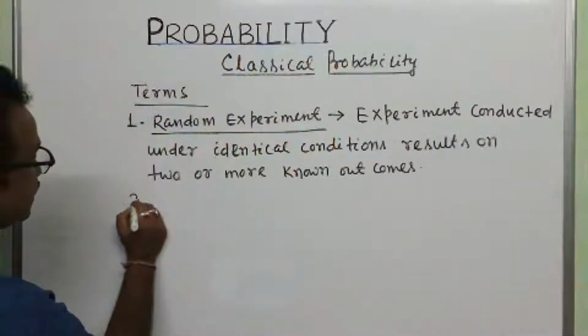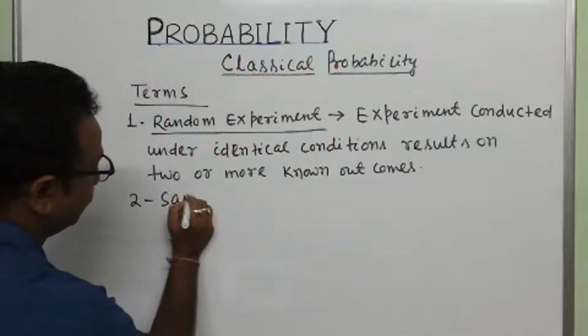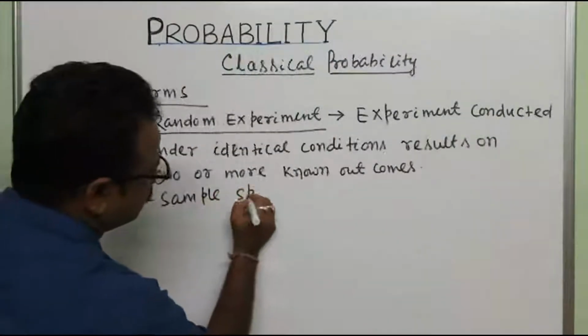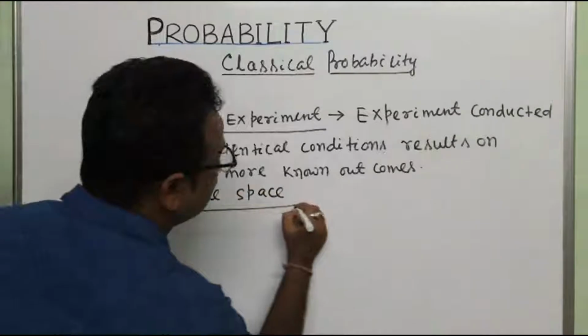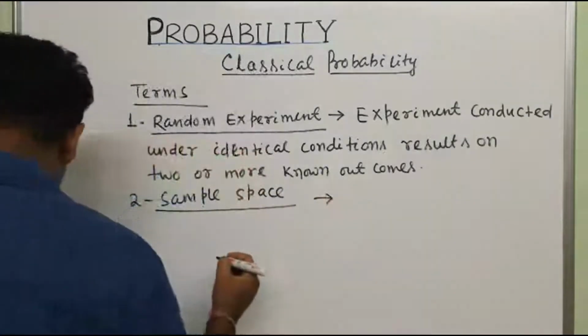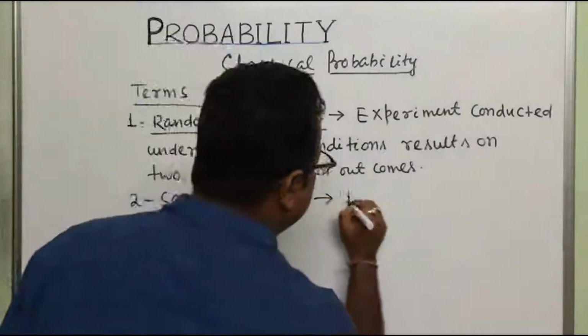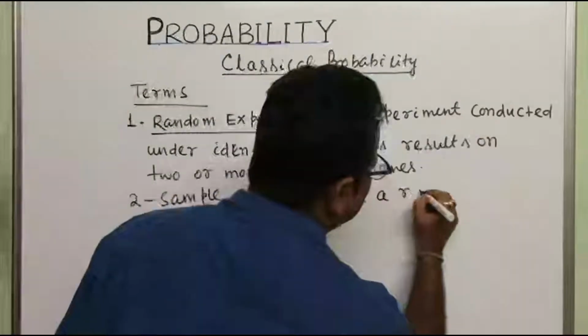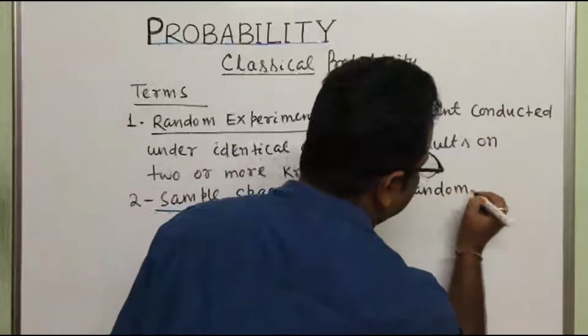Dice means standard dice. Now, the second thing is sample space. What is the meaning of sample space?